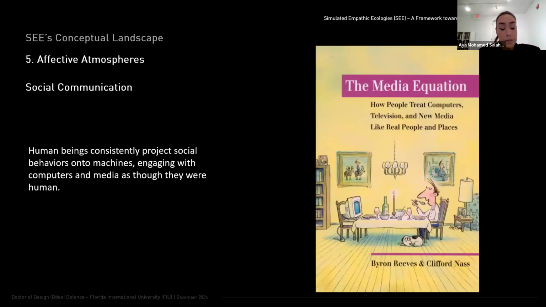Another important book here is The Media Equation: How People Treat Computers, Television, and New Media Like Real People and Places. In this book, Byron Reeves and Clifford Nass revealed, from what they noticed in multiple tests, that human beings consistently project social behaviors onto machines and engage with computers and media as though they are human.